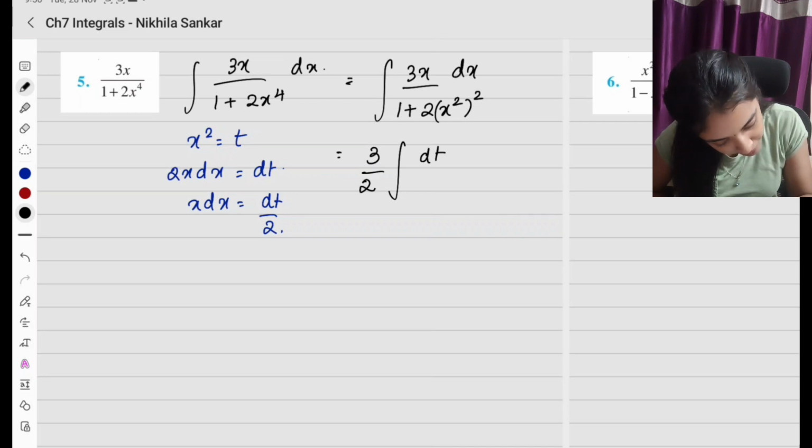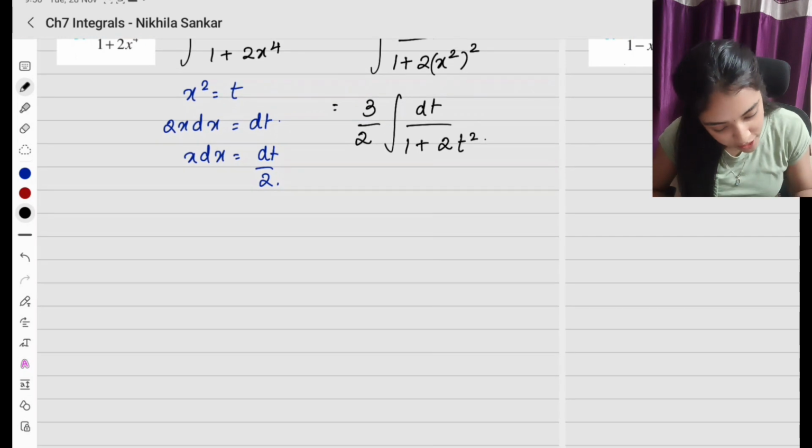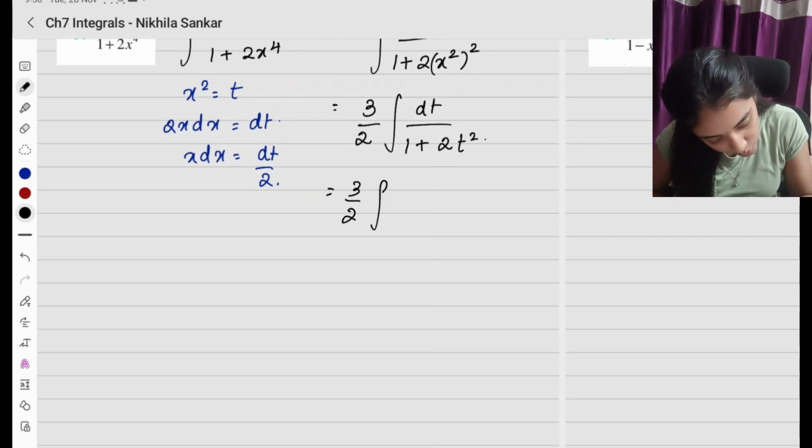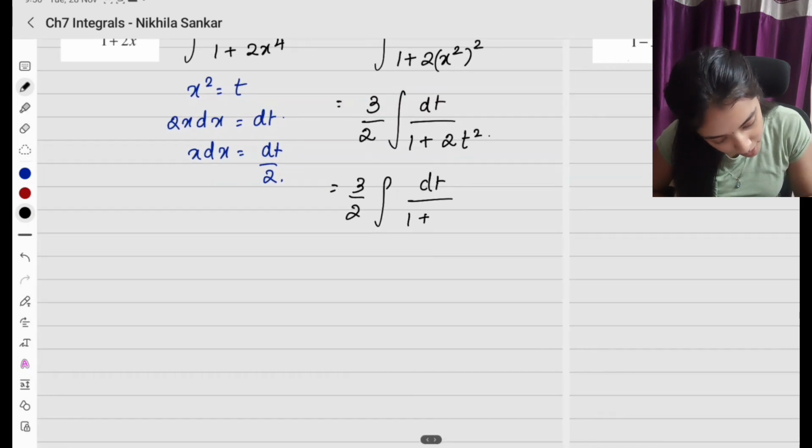So, dt by 2 நான் வெளியில எடுக்கிறேன் divided by 1 plus 2 times x square which is going to be t square. Okay, simple. So, this is going to be of the form 3 by 2 integral dt divided by 1 plus root 2t the whole square. So, இது என்ன formல இருக்கு?